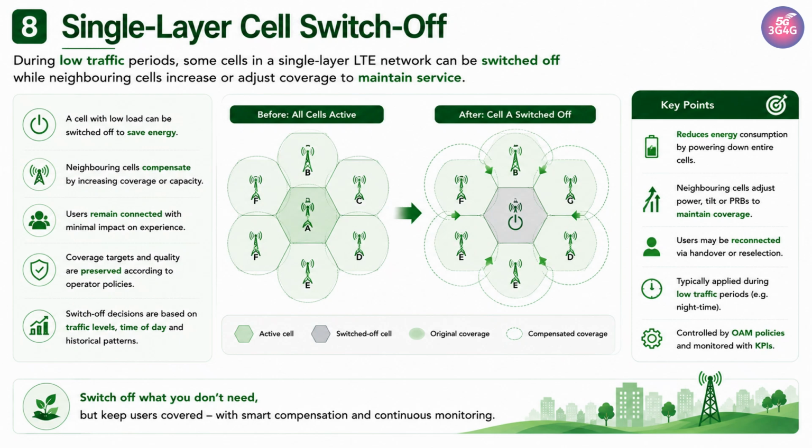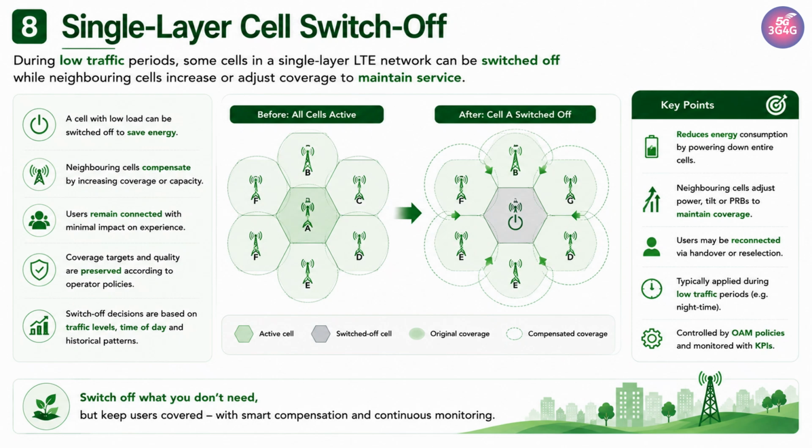This is easy to understand in theory, but it needs careful coordination in practice. Users connected to the switched off cell may need to be handed over or later reselect another cell. Neighboring cells may need to adjust power, antenna tilt, or resource allocation. The operator must make sure that no coverage hole is created.